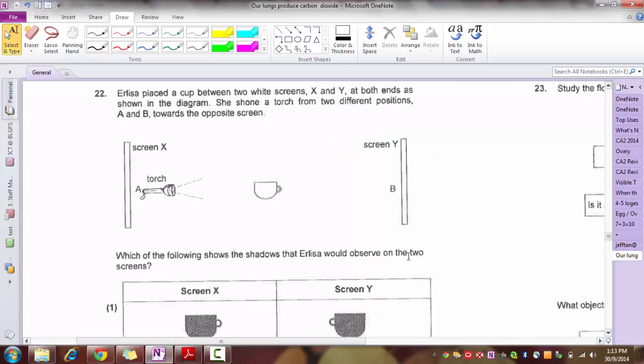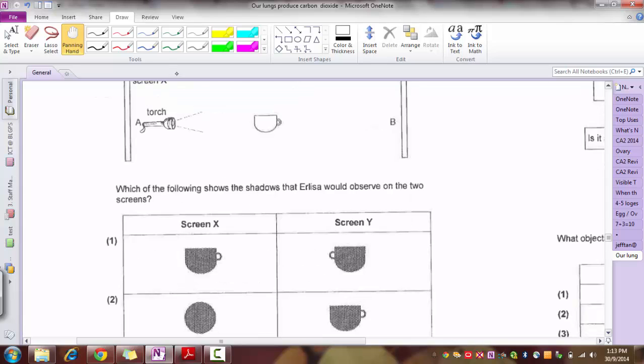Now question 22. A cup is placed between two sheets as screens, as shown. She will shine light from A and then from B, and what is the shadow? The only key here is this little handle. Will the handle be seen? If I shine from this direction, the handle is behind the cup and is being blocked.